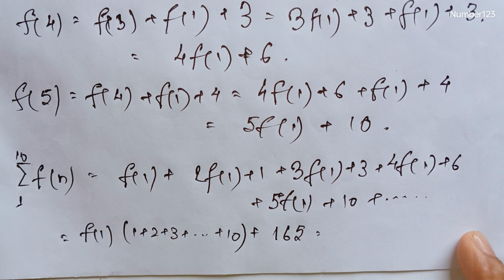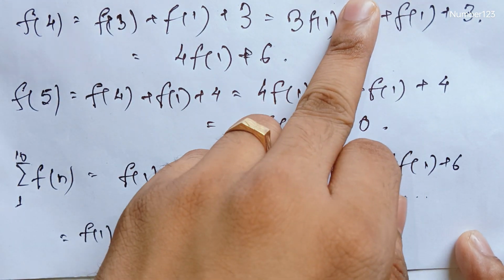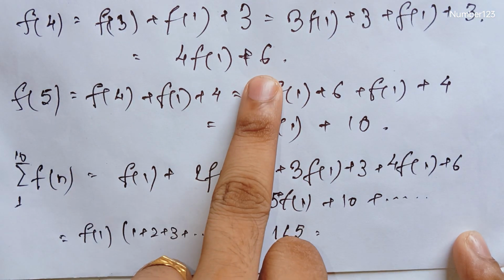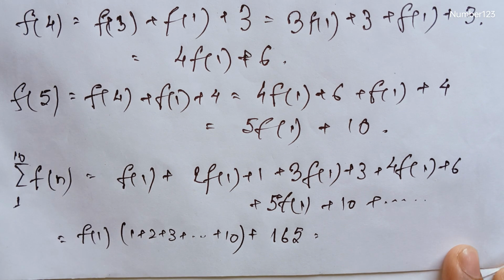You can add this manually. The first term is 1, second term is 3, third term is 6. So this is addition and multiplication both, so we cannot find any simple function to calculate this.